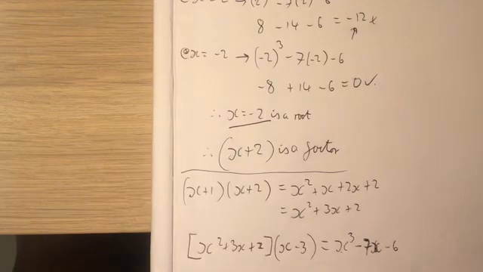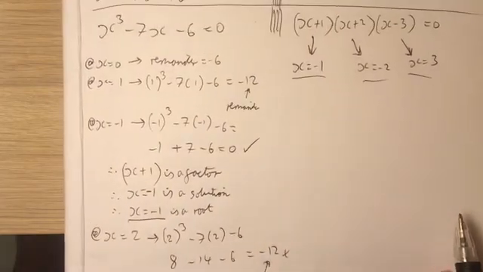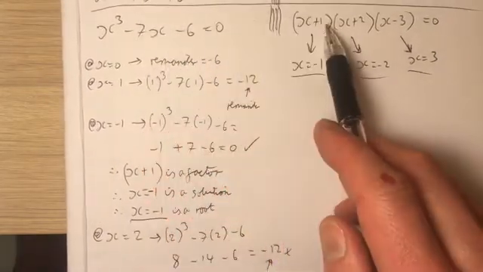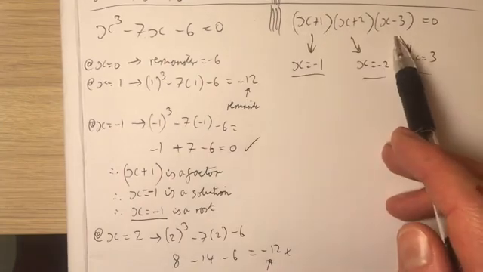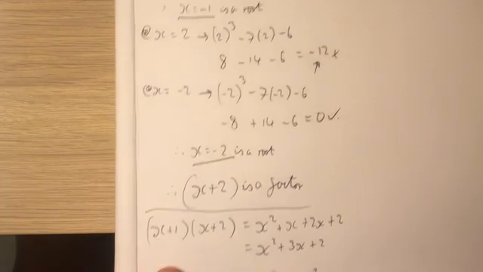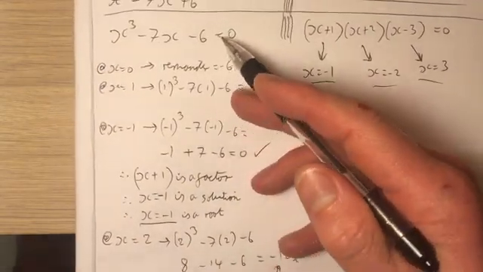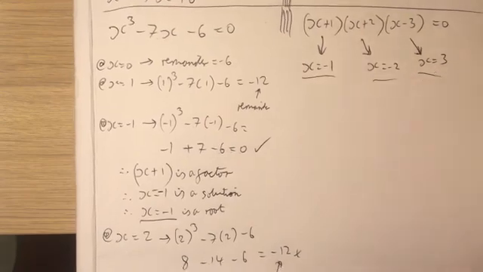And what you'll find is that these two starting points are exactly the same equation. This and this and this are the 3 factors that go into it. So I can fully factorize this, which is basically the same thing as finding all 3 of its solutions.